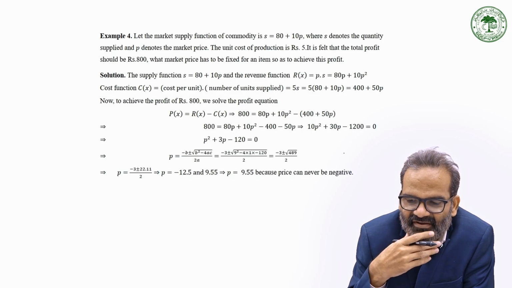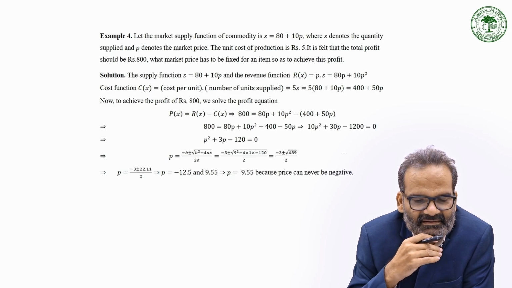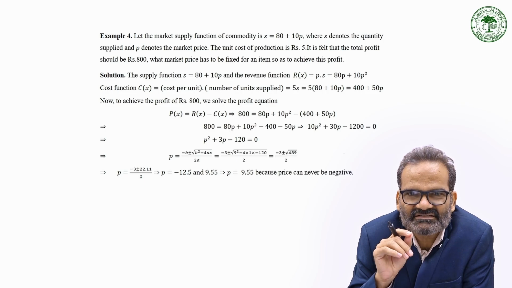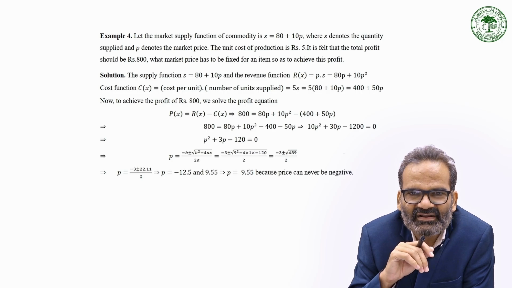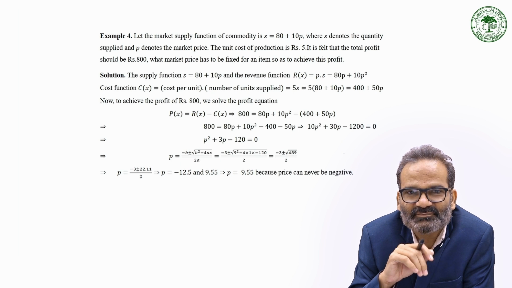So, where S denotes the quantity supplied and P denotes the market price, the unit cost of production is rupees 5. It is felt that the total profit should be rupees 800. What market price has to be fixed for an item so as to achieve this profit?